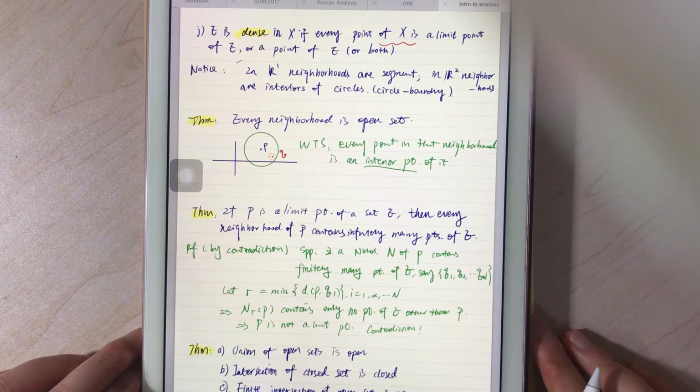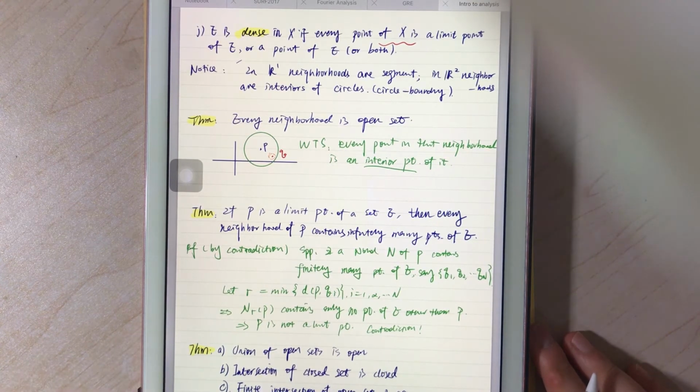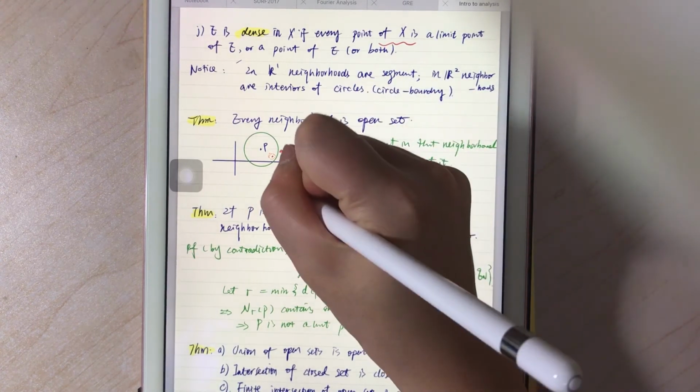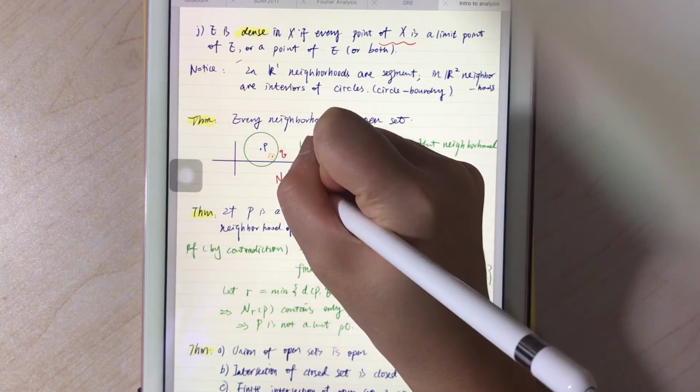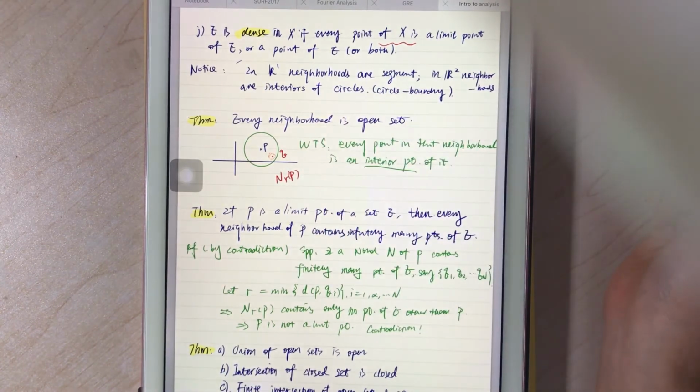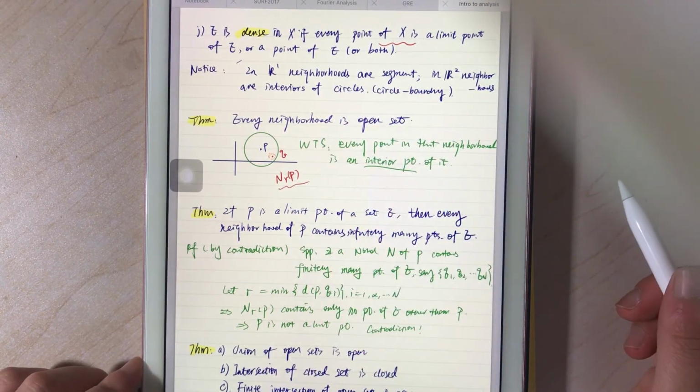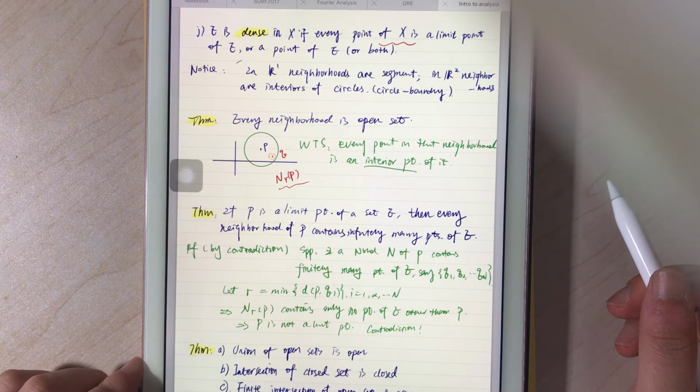Just by definition: every point in that neighborhood is an interior point of it. If we take a neighborhood of P, we want to show it's an open set, so we want to show that every point in the neighborhood N_r(P) is actually an interior point.